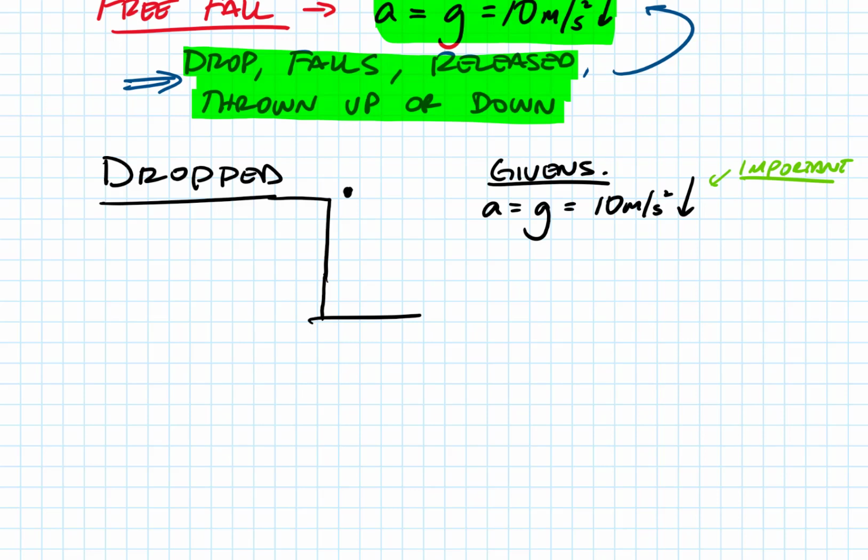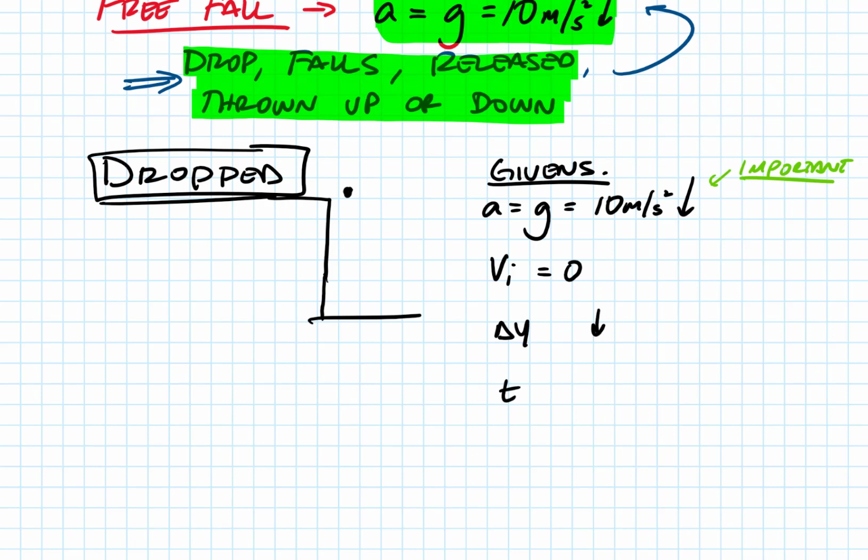So the acceleration is g, 10 down. That's what happens when it says dropped. When it says dropped, we also know that the initial velocity is going to be 0. Those are the givens that we automatically know when we see the word dropped. Now, when we look at it, our delta y is going to be in the downward direction.